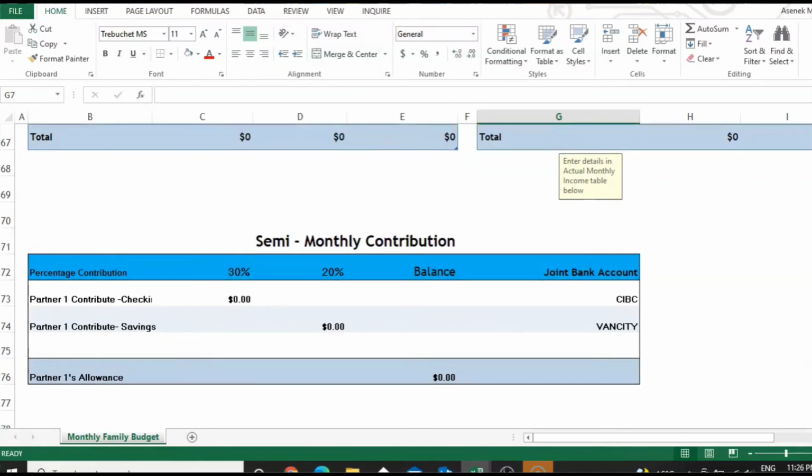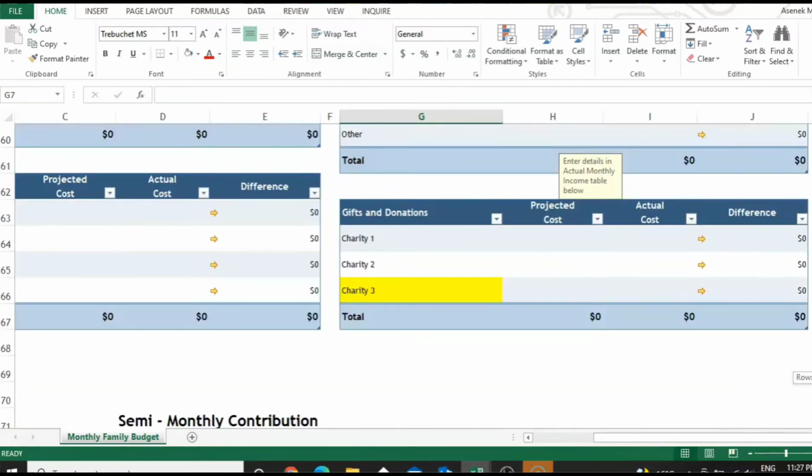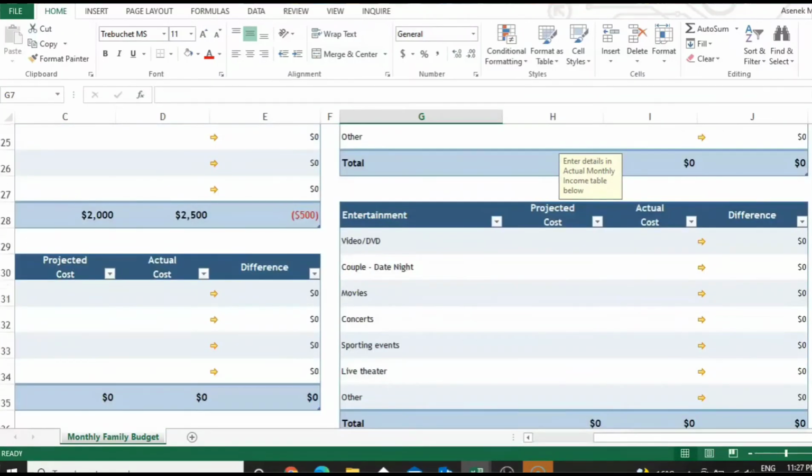You can both contribute a certain percentage into your joint account, which you use for the running of the home, and then you also have a percentage which you use to pay yourself first. Pay yourself first. Always pay yourself first. This is extremely important, because that's how you can create more wealth and get ahead a lot faster.